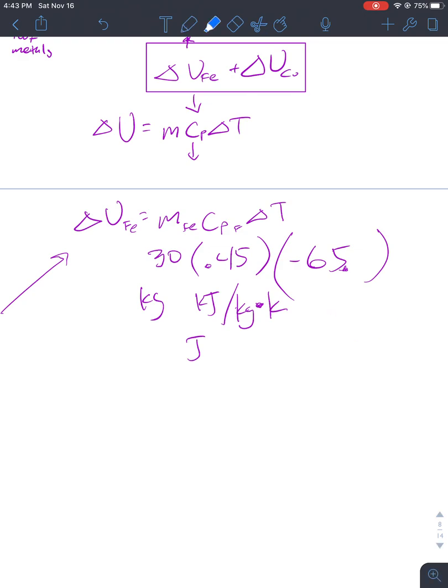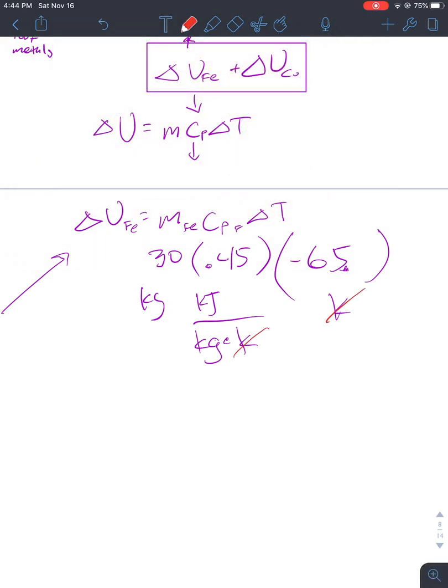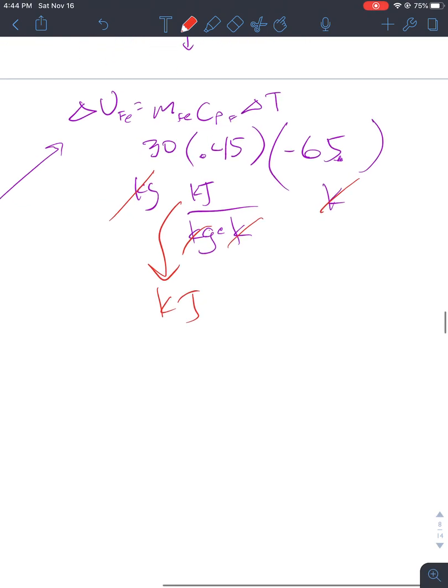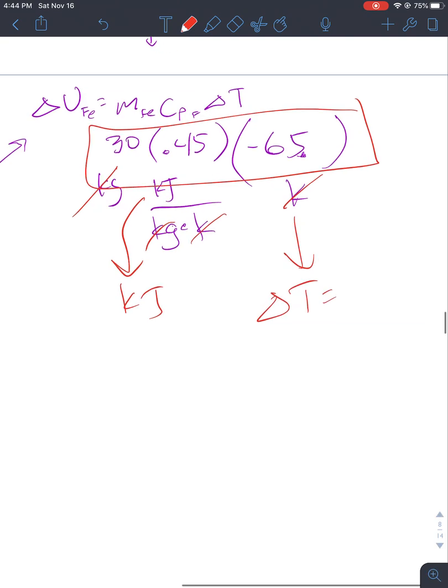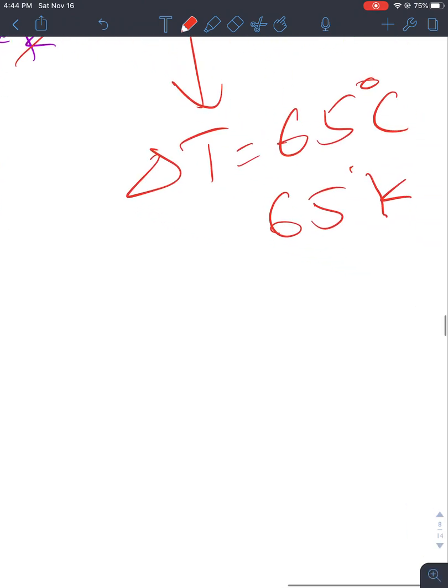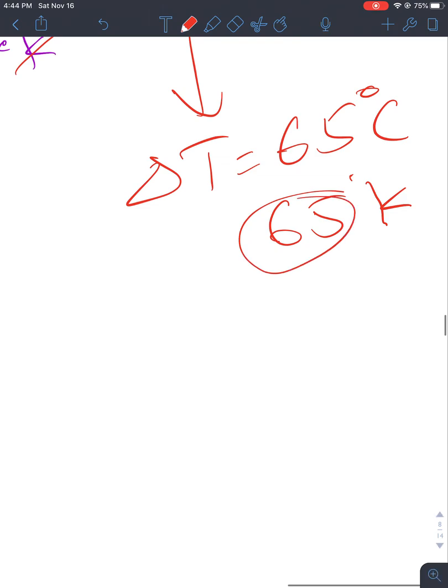Okay. So here's K once again. Per kilogram Kelvin. Kilogram cancels, Kelvin cancels, internal energy change equals kilojoules. So here, delta T equals 65 Celsius or, no, not 65 Kelvin.